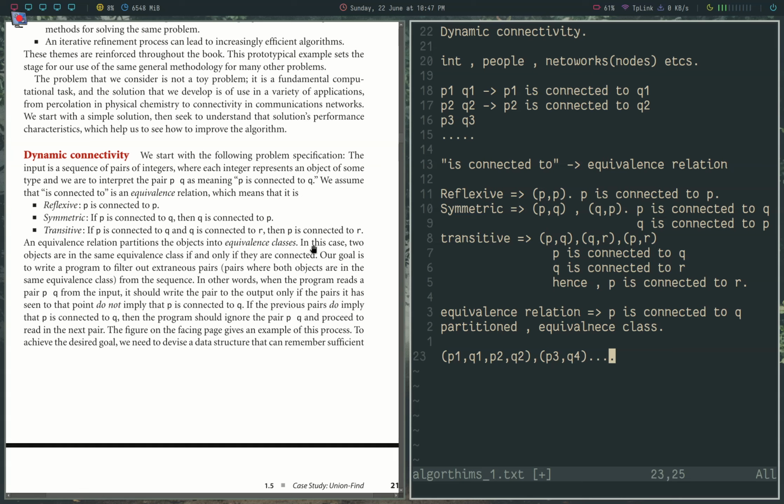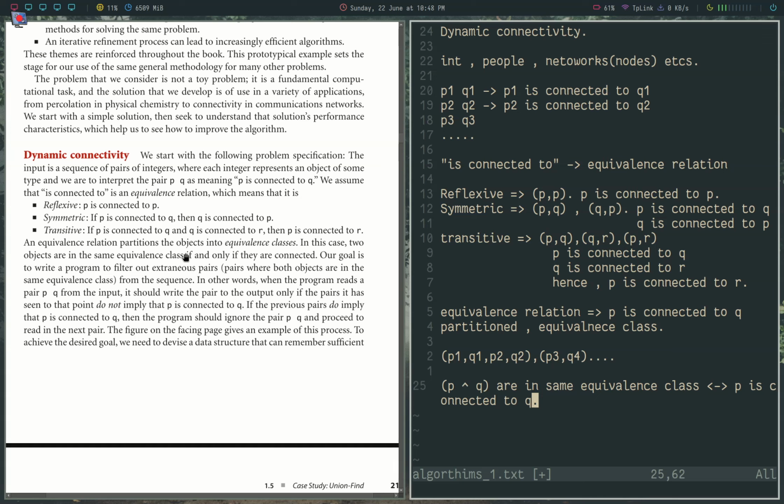Now the next sentence says that in this case two objects are in the same equivalence class if and only if they are connected. If we write it in logic, it means that P and Q are in the same equivalence class if and only if P is connected to Q. So it goes in both ways.